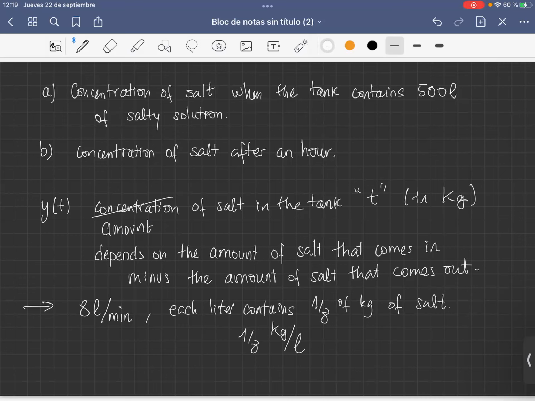So if we multiply these two, we basically get the liters out, and we get that we have 1 kilogram of salt per minute entering. Okay, so that's the salt that is entering, 1 kilogram per minute.